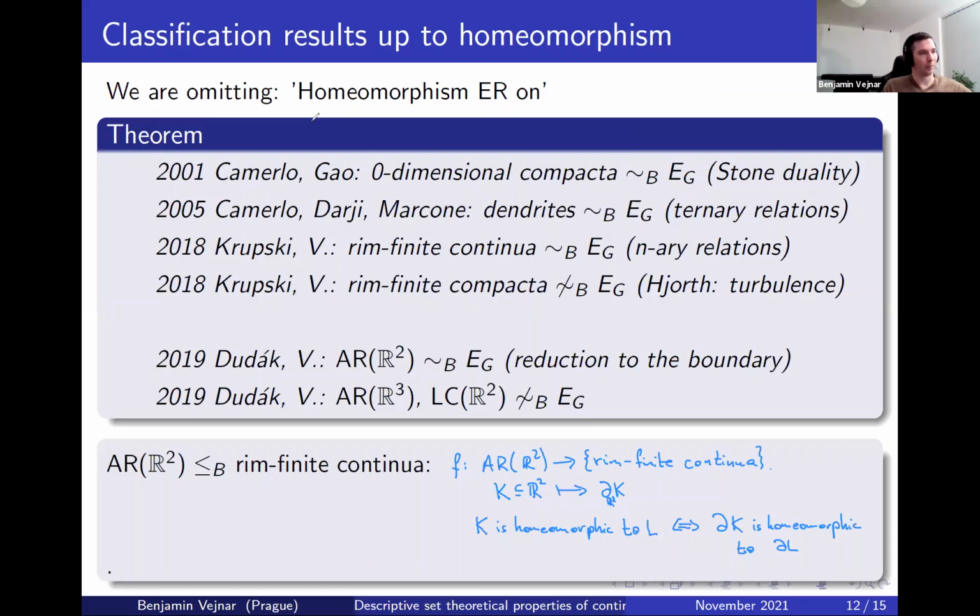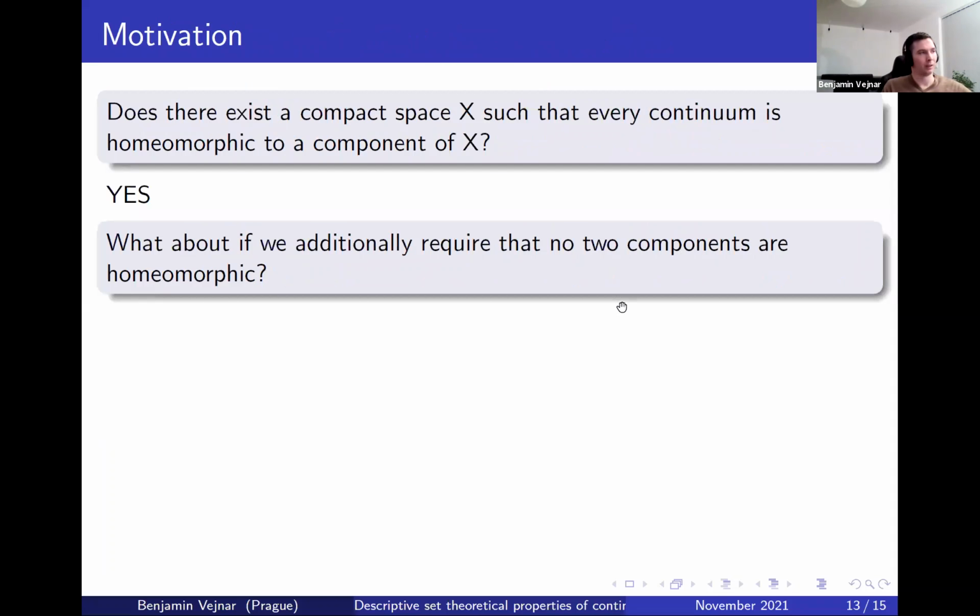Okay, so now let me recall that at the beginning of the first lecture, I was talking about the following motivation, whether there exists a compact space such that every continuum is homeomorphic to a component of that space.